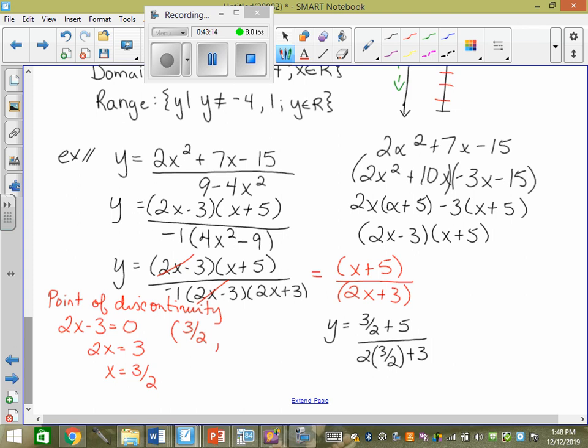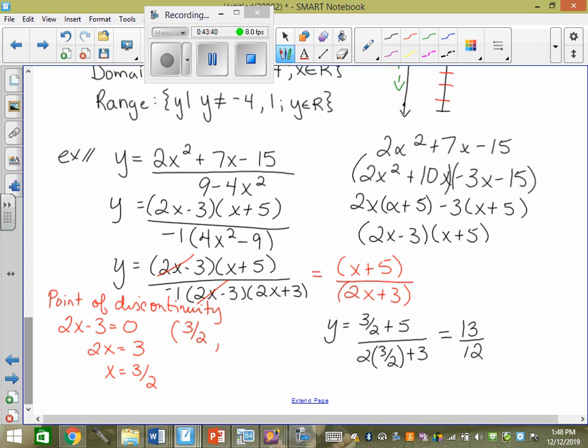So I'm going to get 13 over 2 over 6. 13 over 12? Shouldn't be negative. They're all plus. How is it negative? 3 over 2 plus 10 over 2 is 13 over 2 divided by 6.